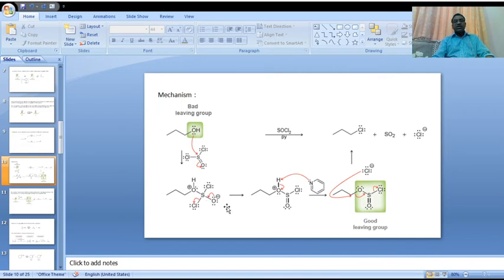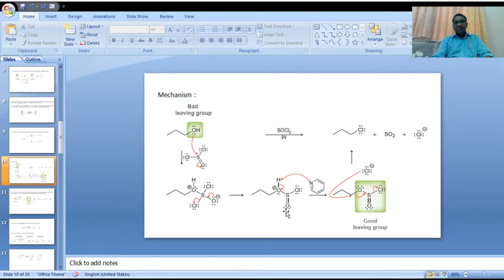Next, the negative charge electrons shift to the inner side, with loss of the nucleophile, Cl minus, to form a double bond between sulfur and oxygen.